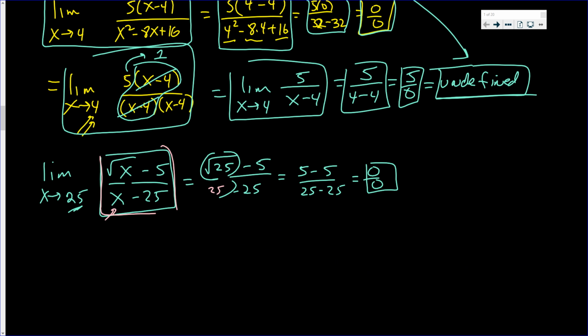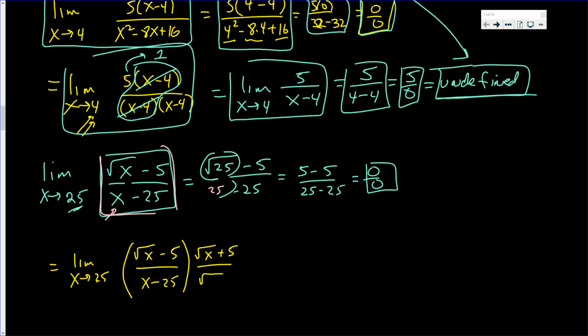This is equal to the limit as x goes to 25 of the square root of x minus 5 over x minus 25. I'm going to multiply this by the conjugate of the top and bottom. Otherwise, what's in these brackets will not be 1. So I have the limit as x goes to 25.